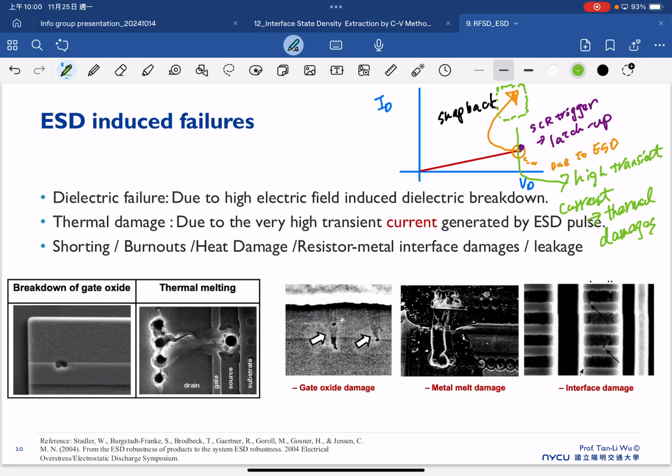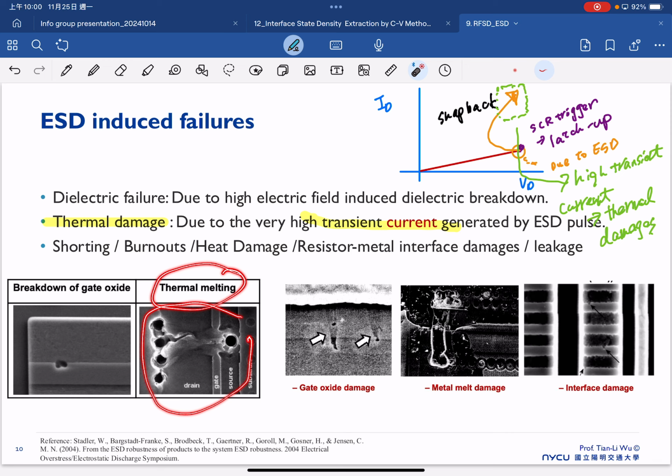So that's the second part, thermal damage. This thermal damage is due to very high transient current generated by ESD pulses, and so therefore we can see this is a certain issue.